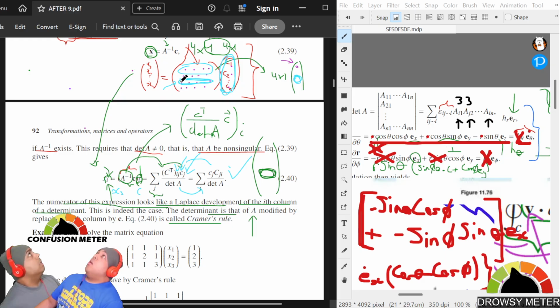This is indeed the case. The determinant is that of A modified by replacing its ith column by C.